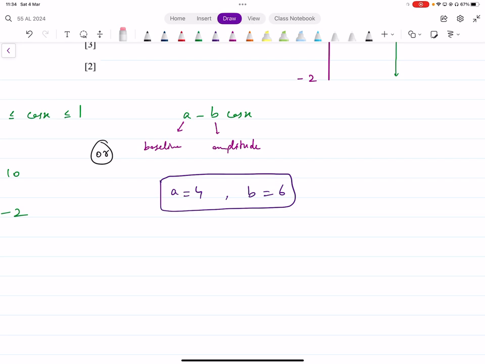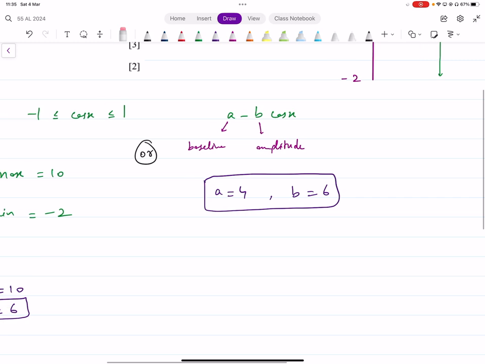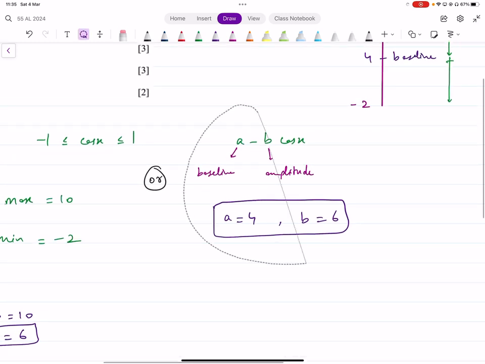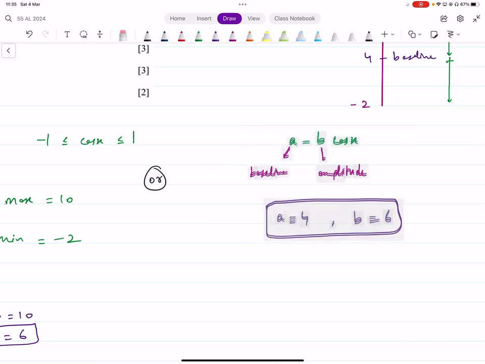Sorry? थोड़ा बिल्कुल स्लो करके चला लें. Any questions on this? No?